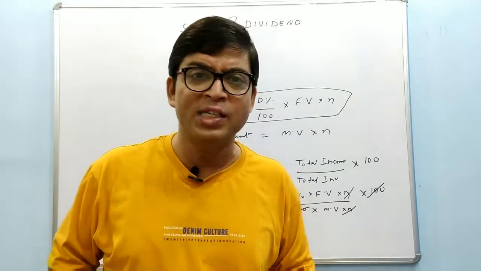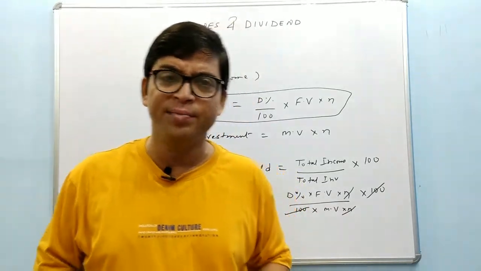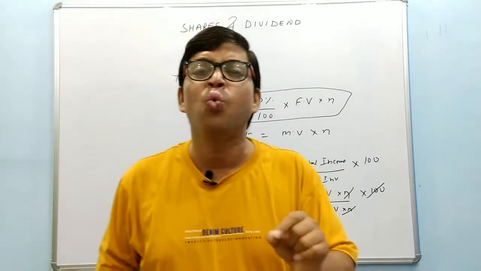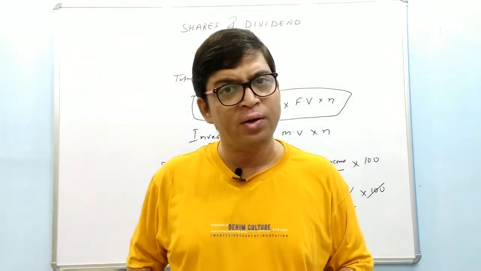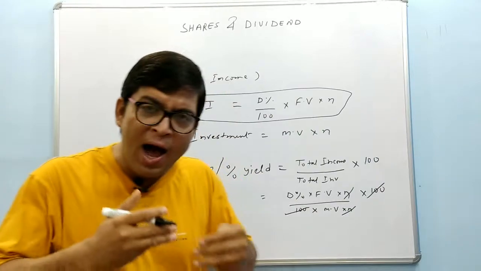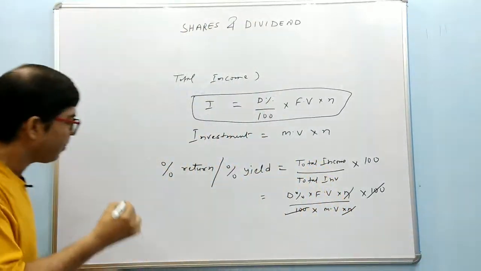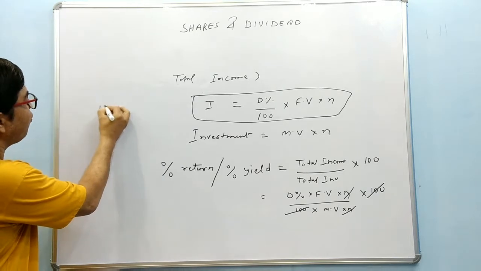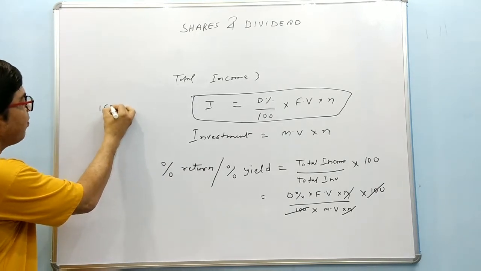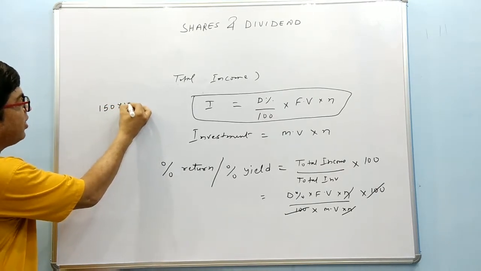One more thing is involved. Sometimes I see students ask, what is sale proceed? What is happening? I am selling a certain number of shares. Suppose I am selling at 150 rupees one share and I am selling 100 shares.